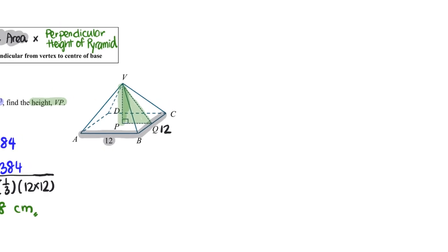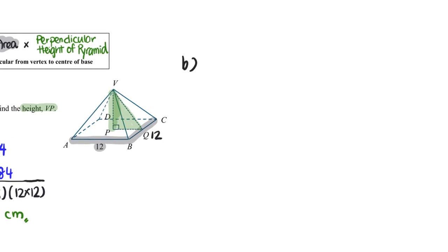Triangle VPQ. So my part B is written here. V, P, and Q.